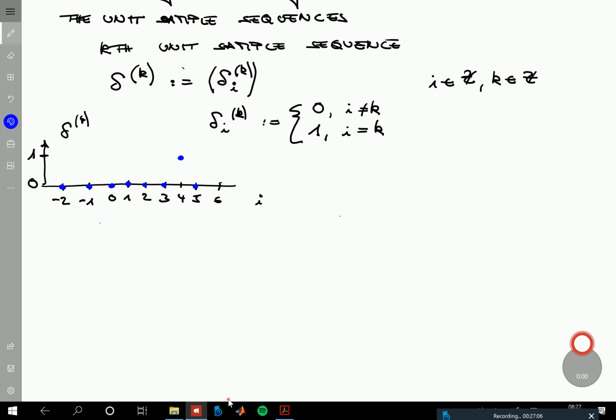And again, it's all zeros, so it's everywhere 0 except for the number that is indexed here.